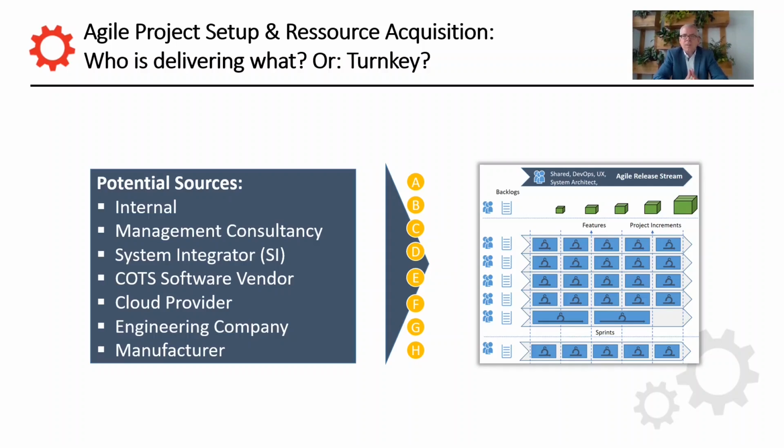So what should he basically take from internal resources? Where would he typically get best support from a management consultancy? Where would a system integrator be of best help, for example, for the custom software? Where do you buy components from a commercial off-the-shelf software vendor? Where do you buy components from a cloud provider?